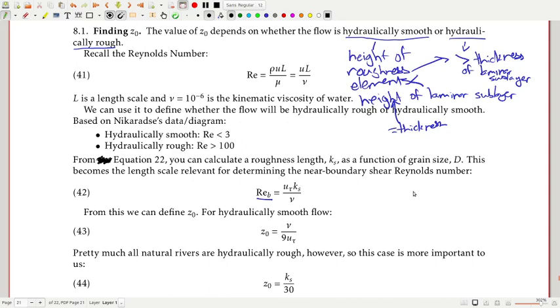And in particular, I'm just going to remind you that K sub s, this roughness, is approximately equal to 3.5 times D84. So these are the larger grains, the 84th percentile. So if you're in the 84th percentile in a class, you're probably getting a pretty good grade. You're not at the top, but that's okay because the world doesn't think you're some kind of uber nerd, and you're certainly not at the bottom either. So D84 is the 84th percentile grains.